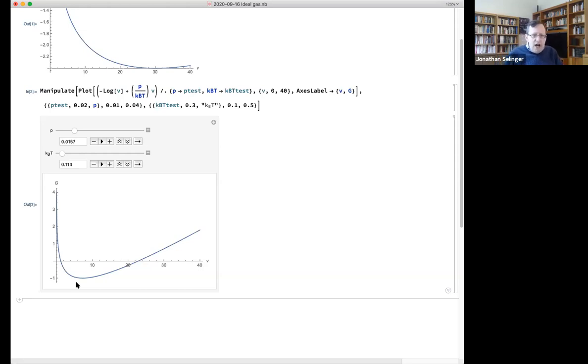When you have the competition between pressure and entropy, there's a compromise, and this minimum is what makes the best possible compromise between those two things.